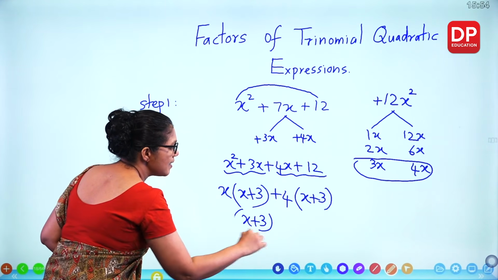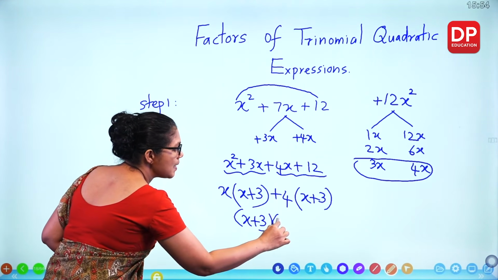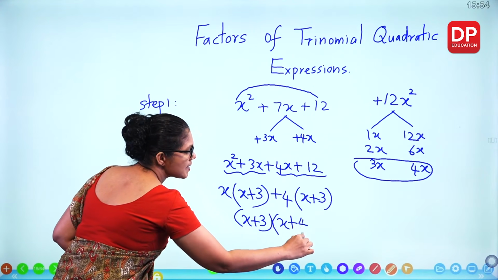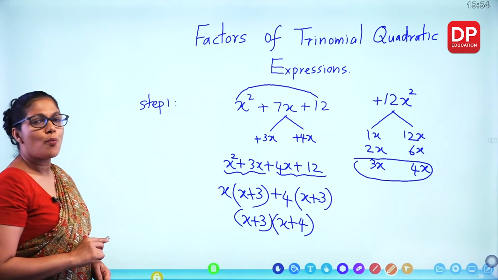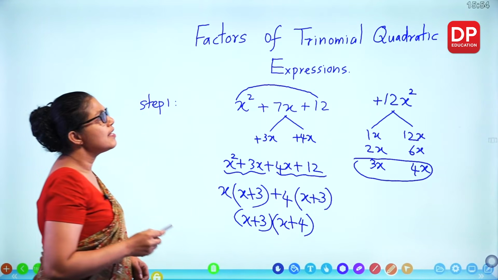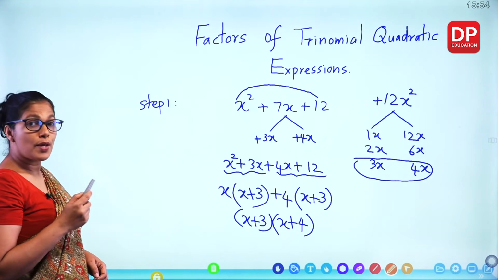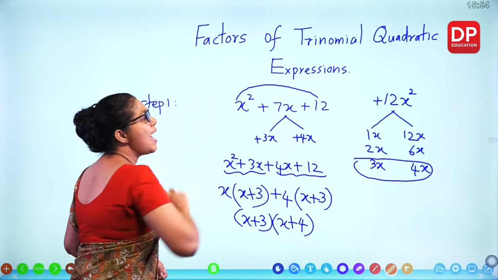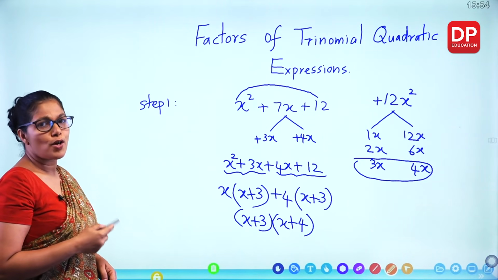Take it out and we write the remaining part inside the bracket. So what do you get? x plus 4. So that's how we factorize when you get trinomial quadratic expressions. So in this example, the first term, the second term and the third term are all positive.